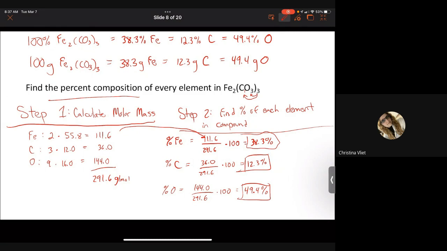So underneath this, you may want to just write an example of one. This means that you could turn any of these relationships into conversion factors. They're potential conversion factors if you need it. Meaning, for example, you could say 38.3 grams of Fe is for 100 grams of the compound.